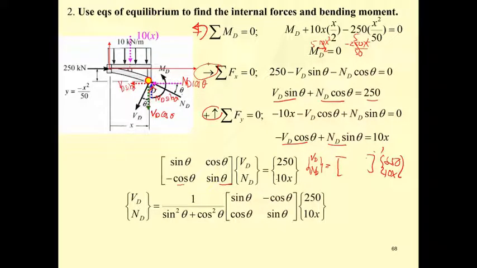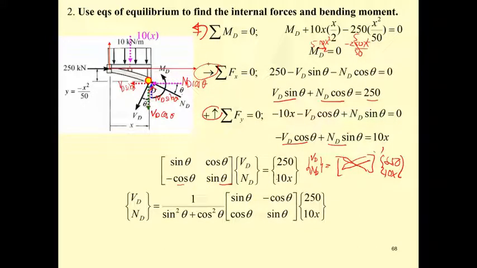How do you inverse this equation? You find the determinant. The determinant is what? The determinant is the product of this, minus the product of this.